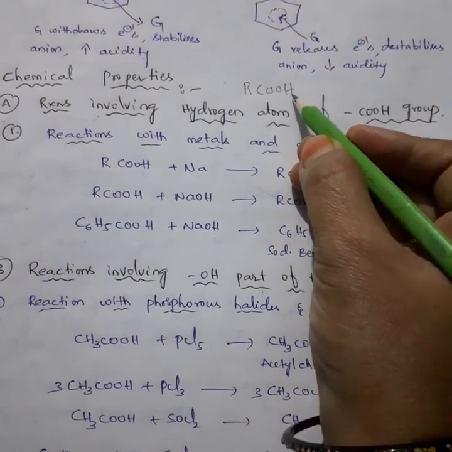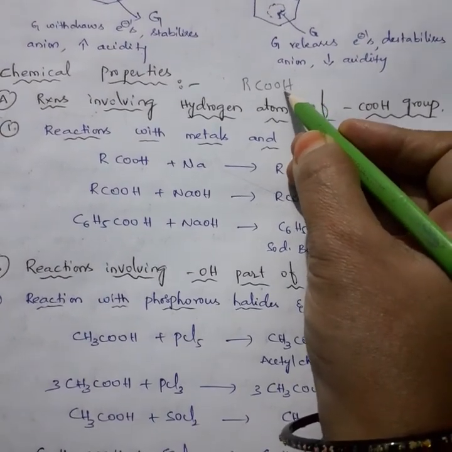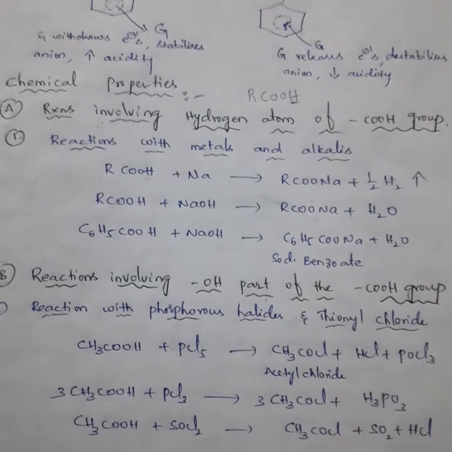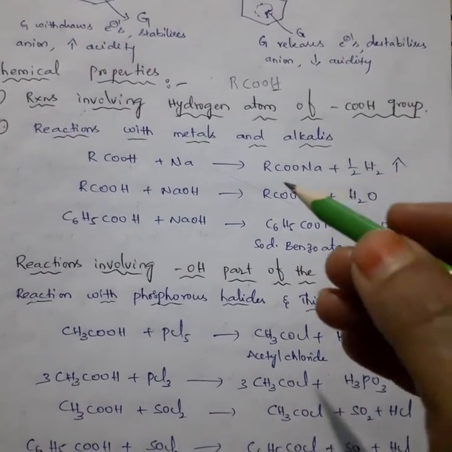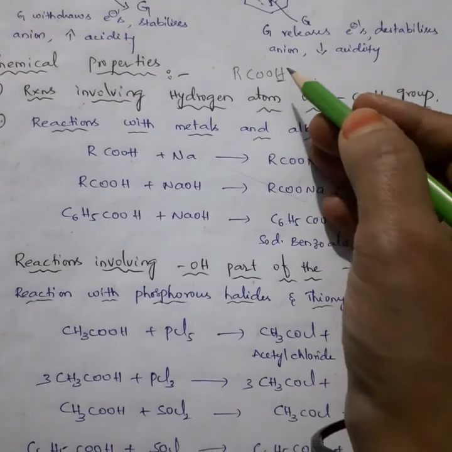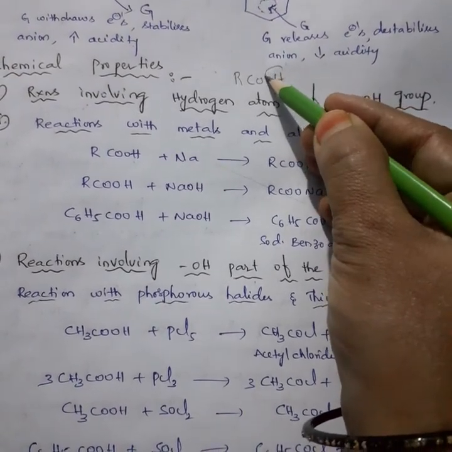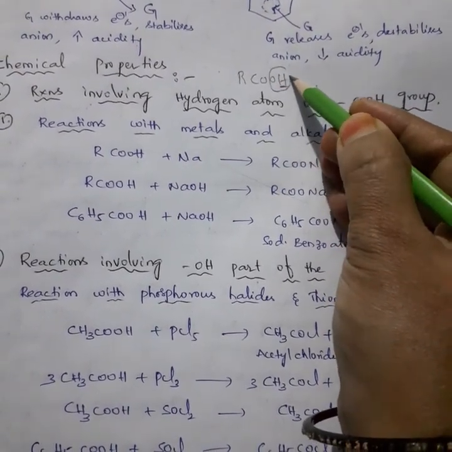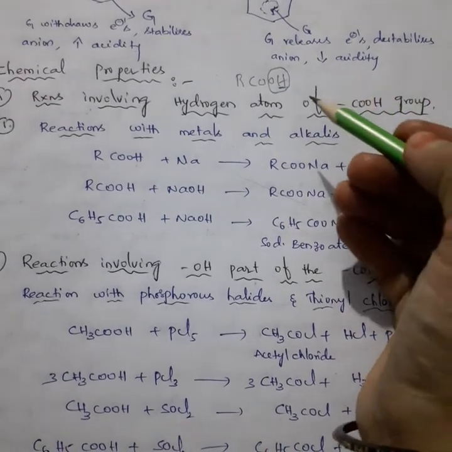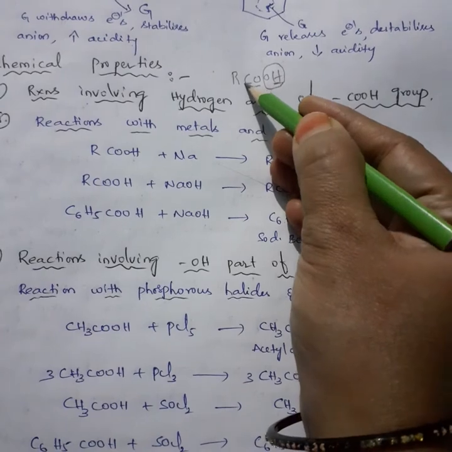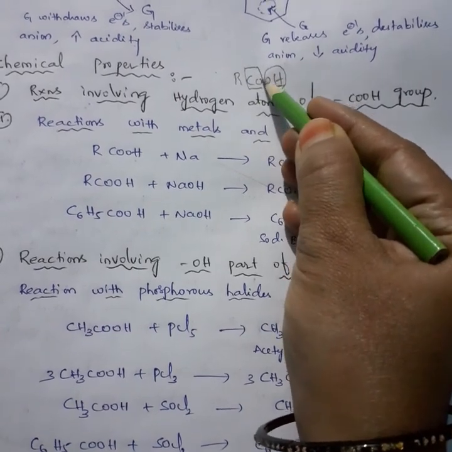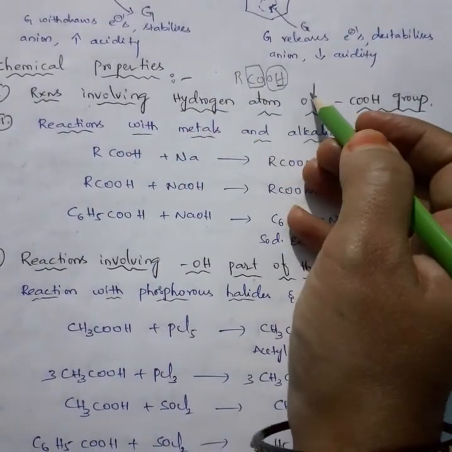First one is the reactions which involve only the hydrogen of the hydroxyl of the COOH group, and another one is the reactions which involve OH of the carboxylic acid. That is the second heading. And the third heading is the reactions which cover the CO group of this COOH.